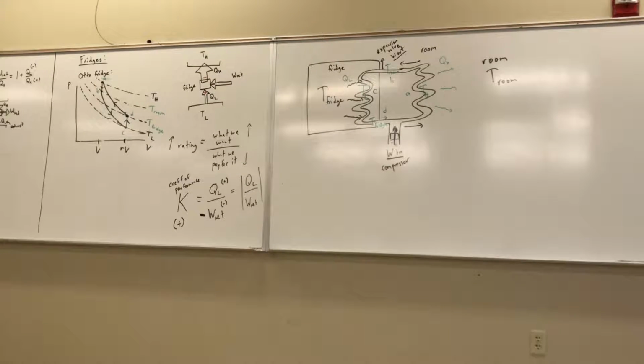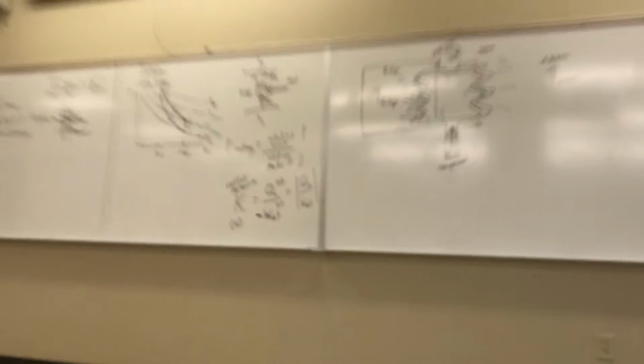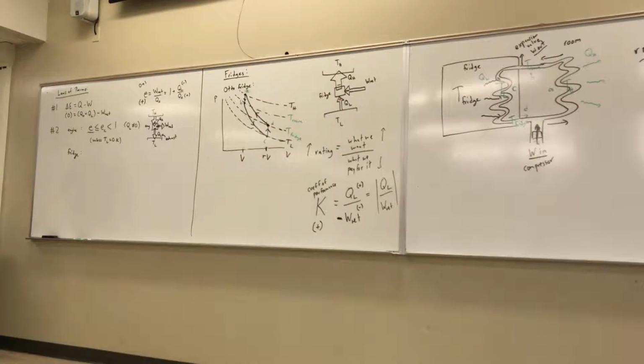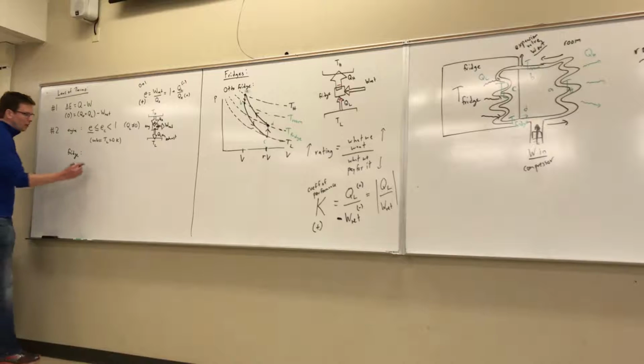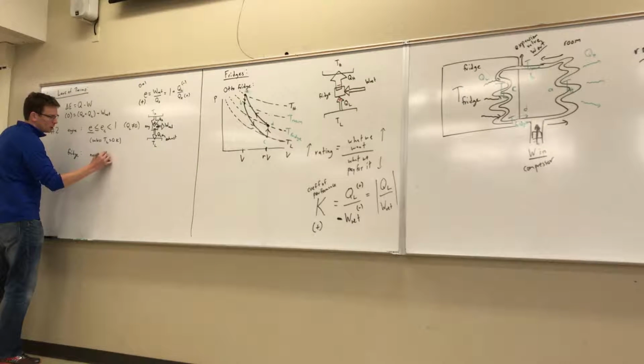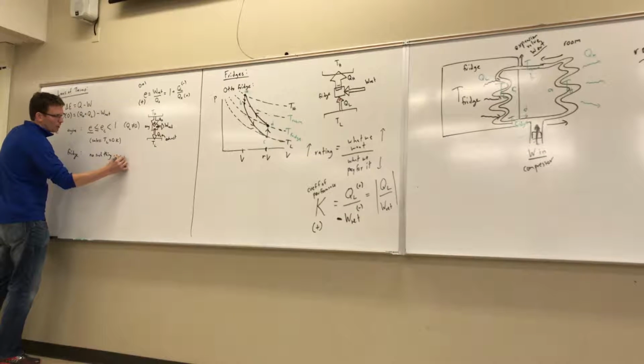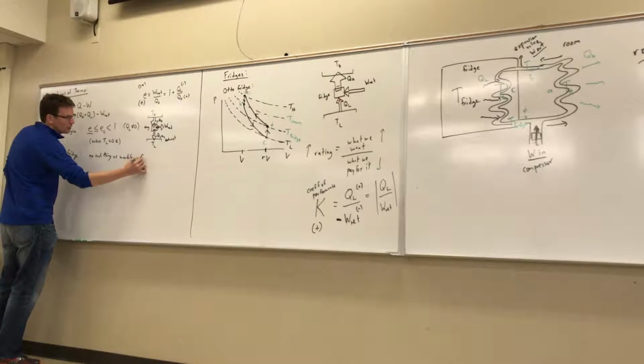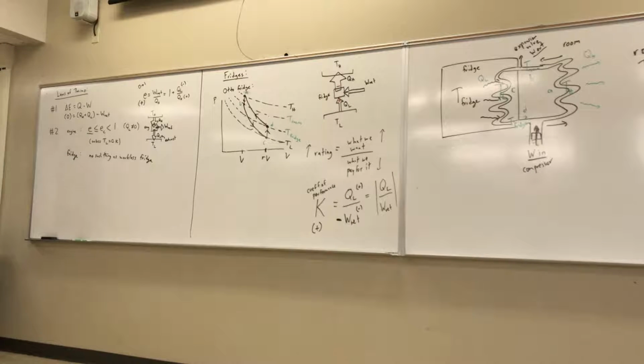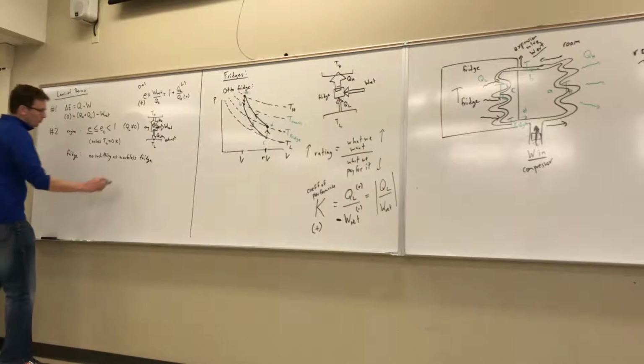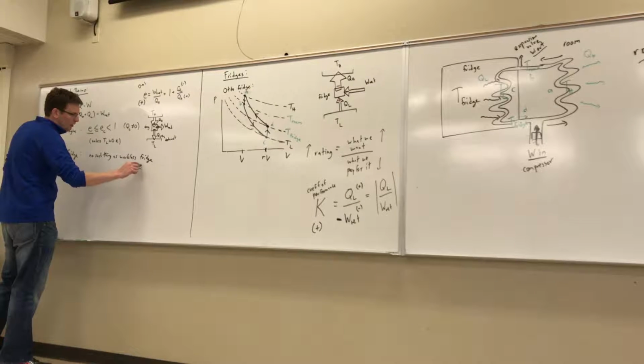So, if I want to add to my second law, I can add a law of how the second law informs a refrigerator. Well, for a refrigerator, there is no such thing as a workless refrigerator. There is no way to get heat to flow from cold to hot without putting in work. Okay? So, net work can't be 0.